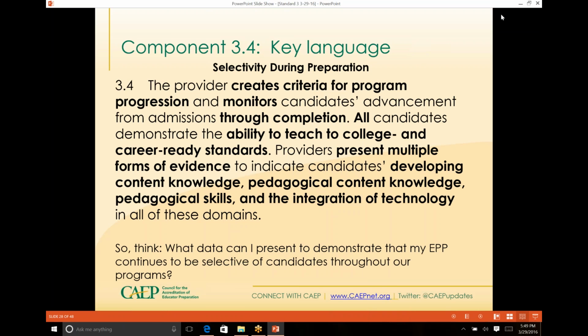3-4. This is the component of the standard that goes into your selectivity during preparation. And I think if you've been NCATE accredited in the past, you knew you had to have transition points. And I think the CAEP point here is that it's transition points on steroids.